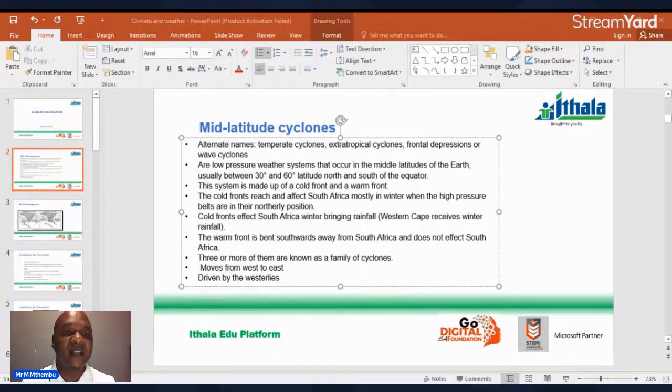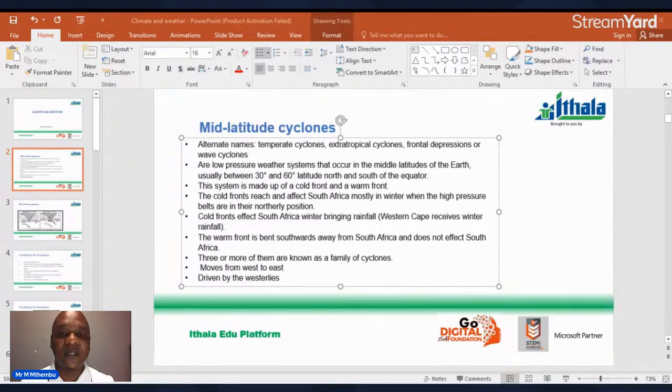And then if you pay careful attention again, you have westerlies that are driving these winds, they are forcing them to go to the east. And then also you have polar easterlies that are driving winds towards the west. Remember, grade 12, these two parcels of air have different air moisture content, and then they meet here but they do not mix.